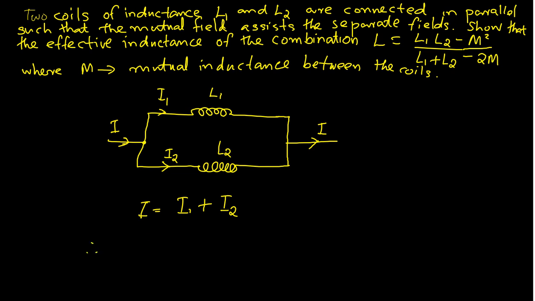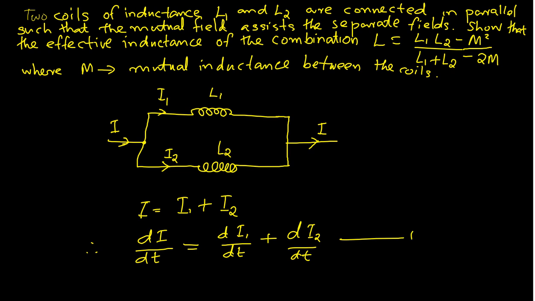Therefore, dI by dt, its time derivative, is equal to dI1 by dt plus dI2 by dt. Let this be equation 1.